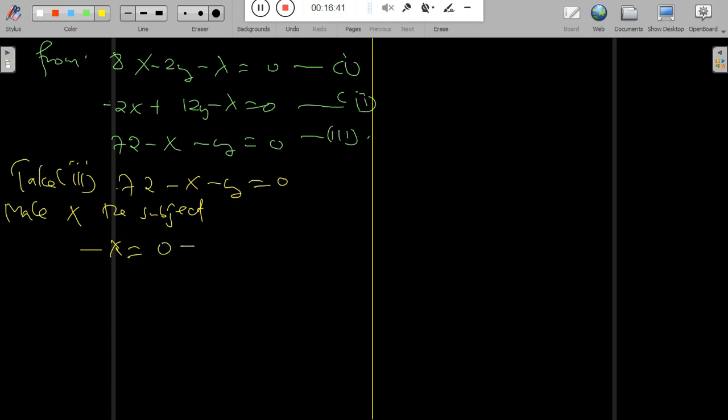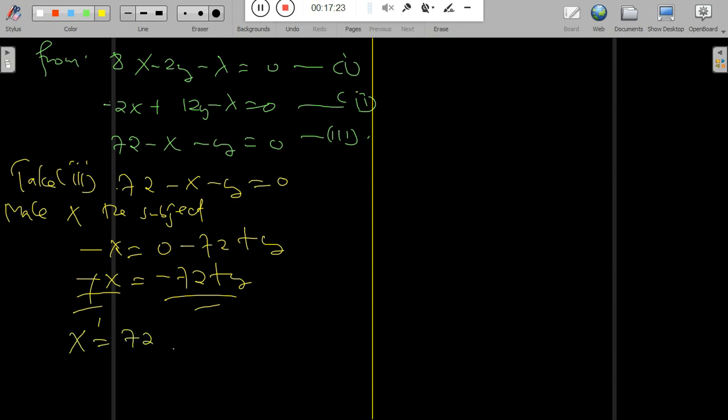We make x the subject, so it gives negative x equals 0 − 72 + y, which gives negative x equals −72 + y. Dividing both sides by negative, this gives x equal to 72 − y. So that's equation number 4.